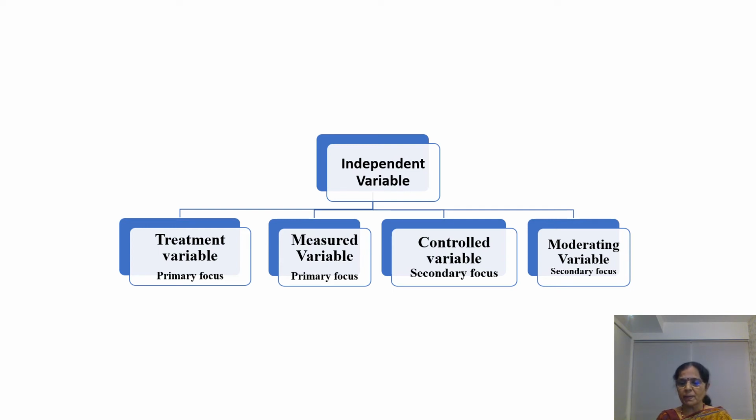It may strengthen or weaken the relationship because attitude towards the foreign language definitely influences the performance in English, but it cannot be controlled. The attitude of the students cannot be controlled. So we can study the interaction effect of the medium of instruction and attitude towards foreign language. Thus, attitude becomes the moderating variable here.